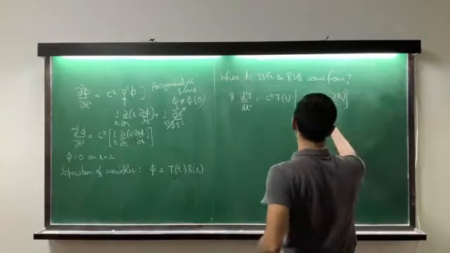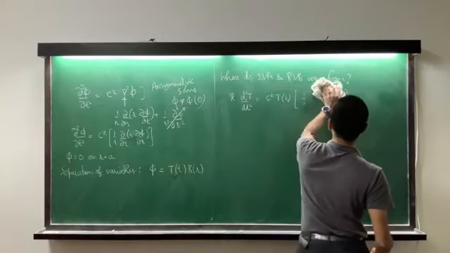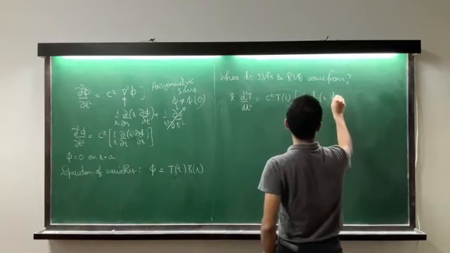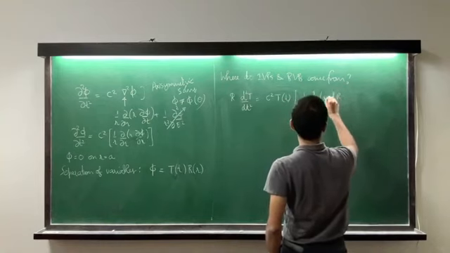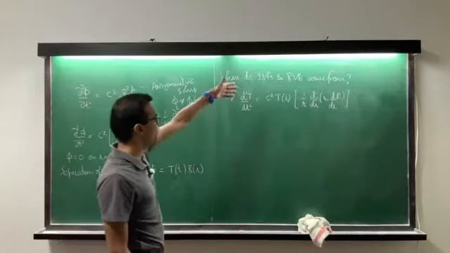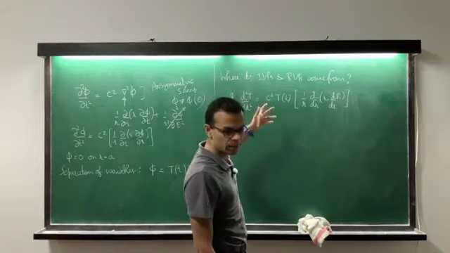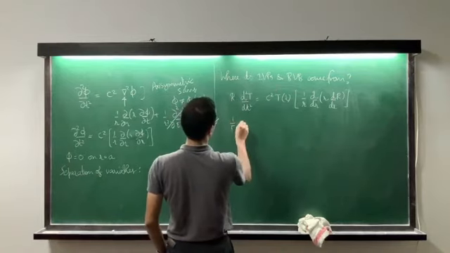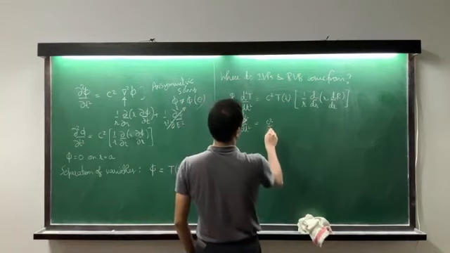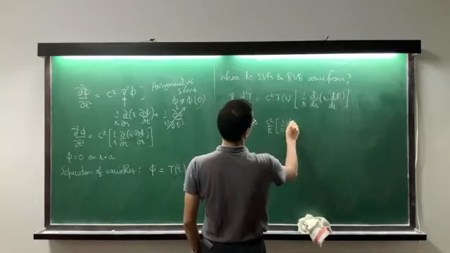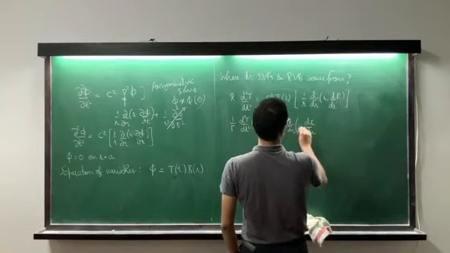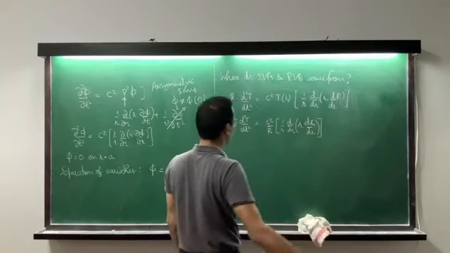Now again, since capital R depends only on one variable, I'm going to replace this with total derivatives. If I divide both sides by T times R, then I get 1/T d²T/dt² is c²/R times 1/r d/dr of r dR/dr.